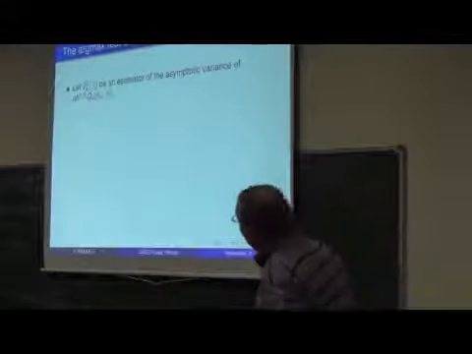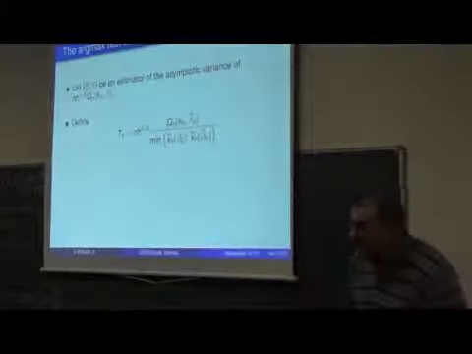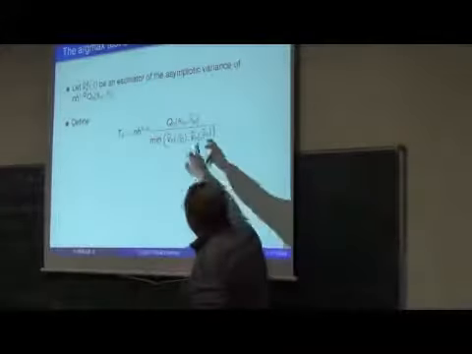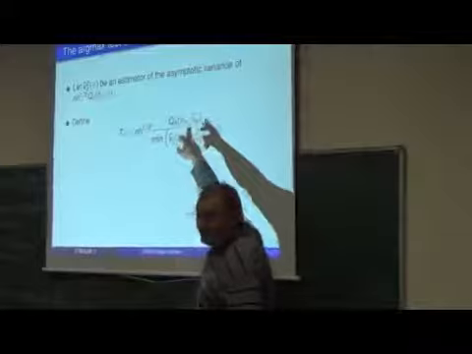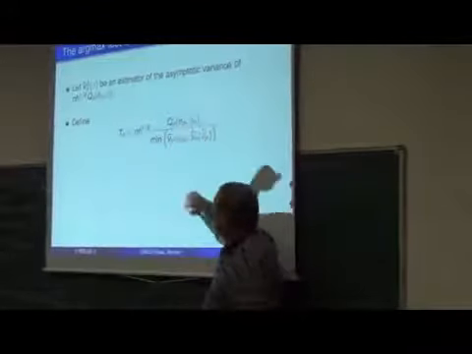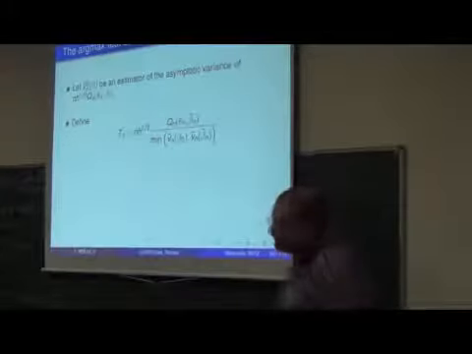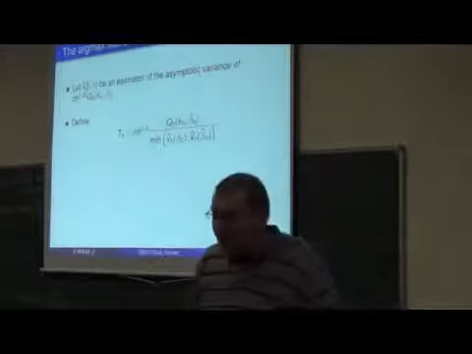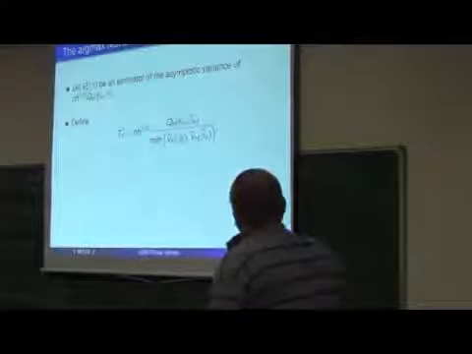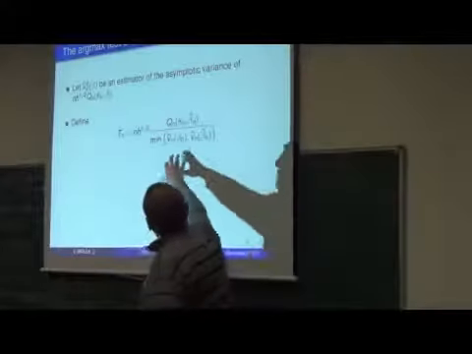Let's take Vn squared beta to be an estimator of the asymptotic variance of this quantity. Then we can define the test statistic to be the quadratic form in the optimal direction divided by the variance. For the variance we can take one estimate or two estimates if we want to increase power in some sense, because it takes the minimum of two.